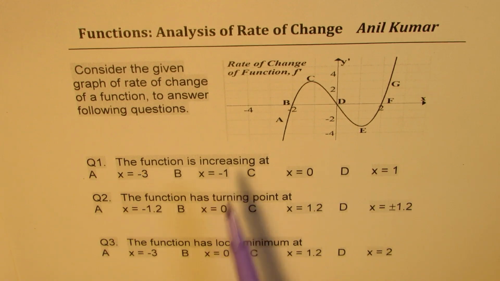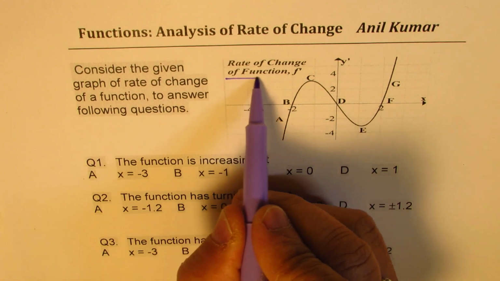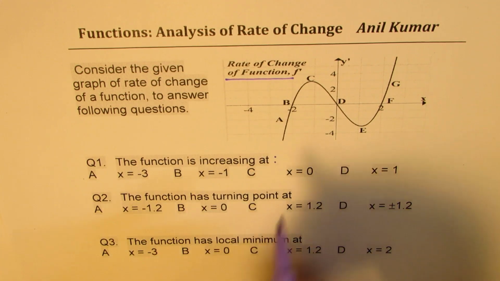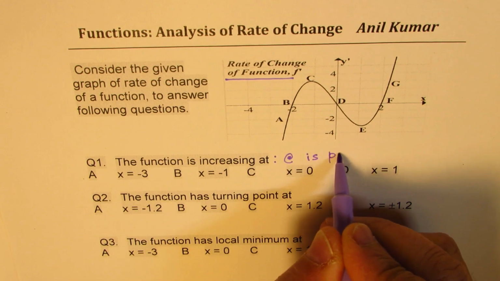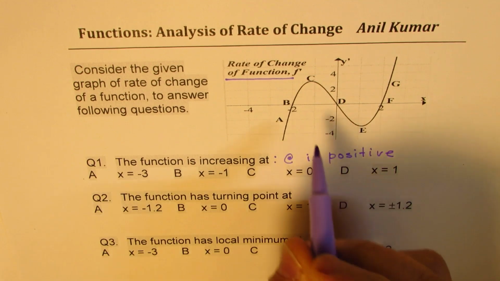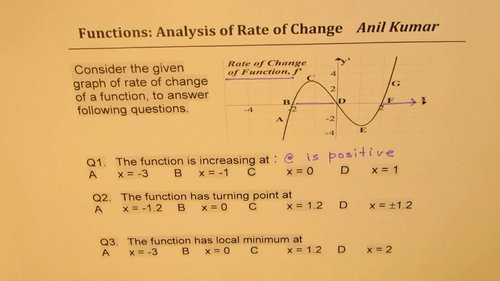The function is increasing. So if you're analyzing the rate of change of a function, in that case, the function is increasing means that the rate of change is positive, correct? That is what it means. So it is increasing all throughout these intervals.